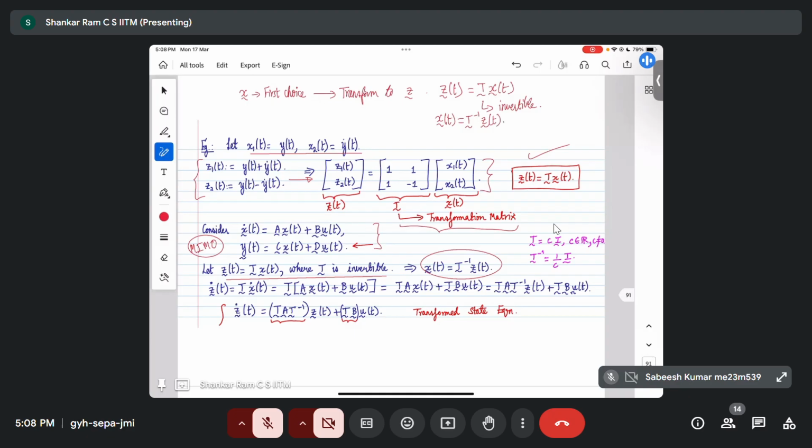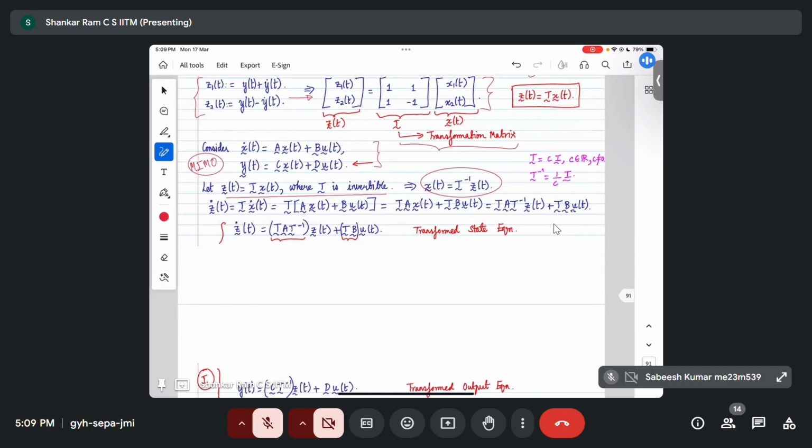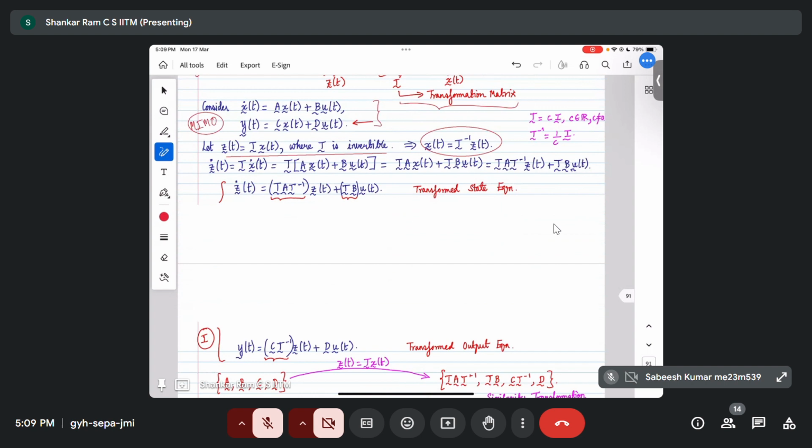If we are able to do this, we can get a new set of transformed state equations. We'd have gone through the mathematics in the video, but essentially it's only one step, where z dot is T x dot, and then we just substitute for x dot and simplify. What we have is that the transformed state equation now gives the evolution of z.